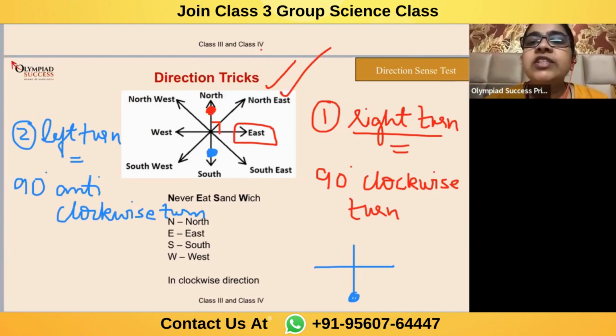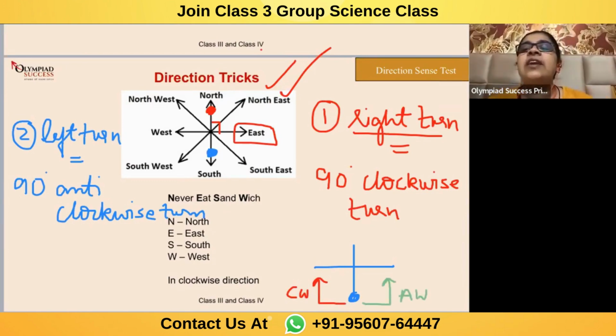So what is my clockwise turn? This is my clockwise turn, and this one is my anti-clockwise turn. So left turn is equal to anti-clockwise turn, guys. From the south, if I take a left turn, will I come to east? Yeah, I will come to east.